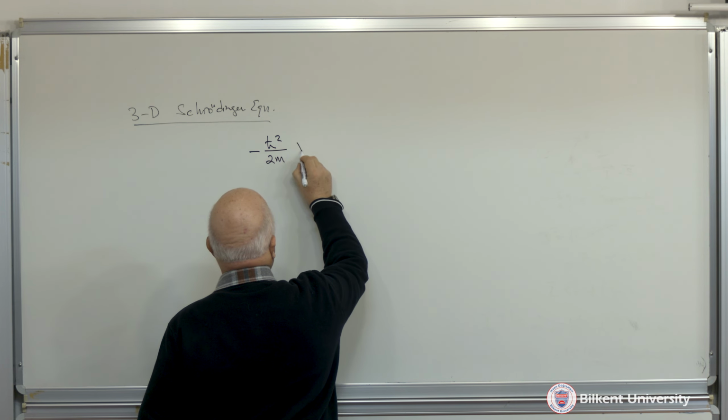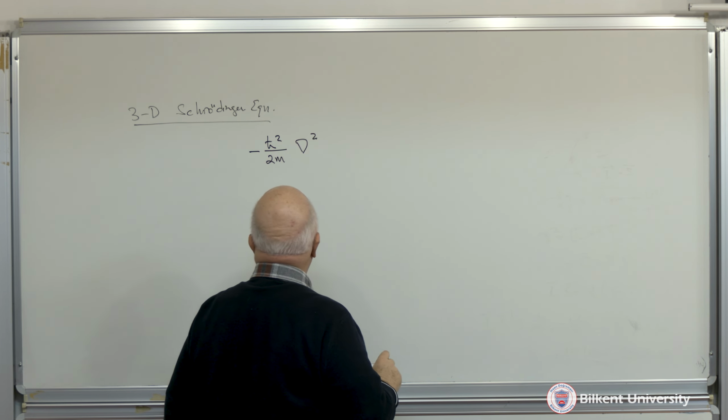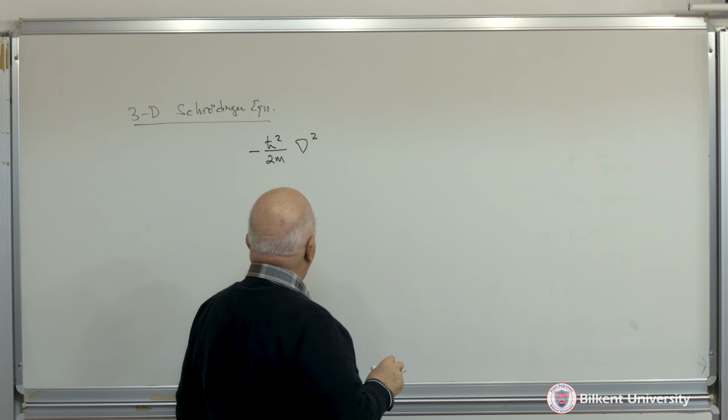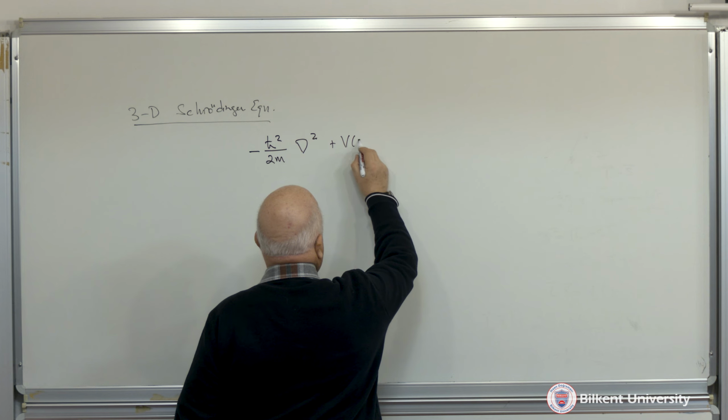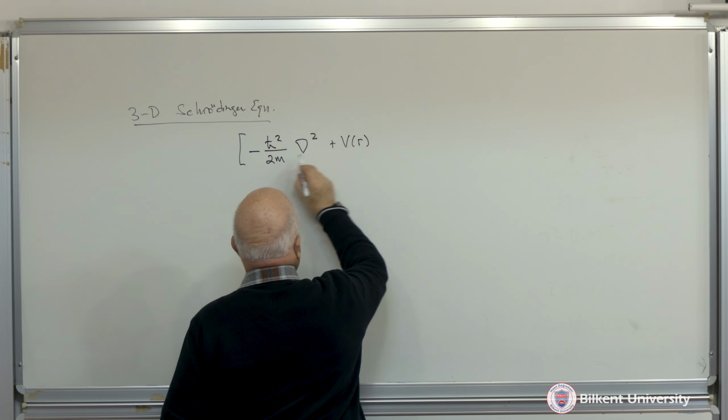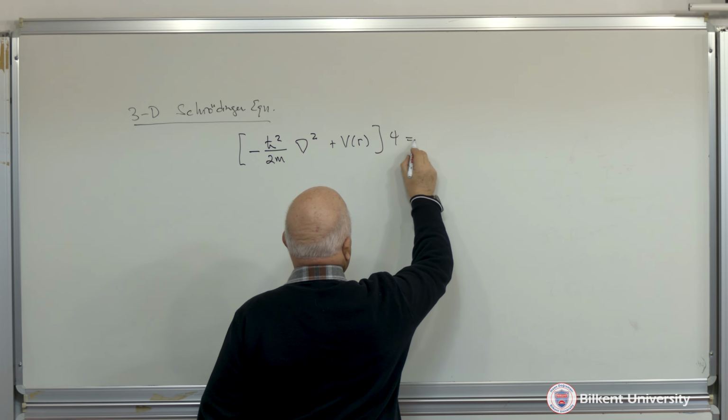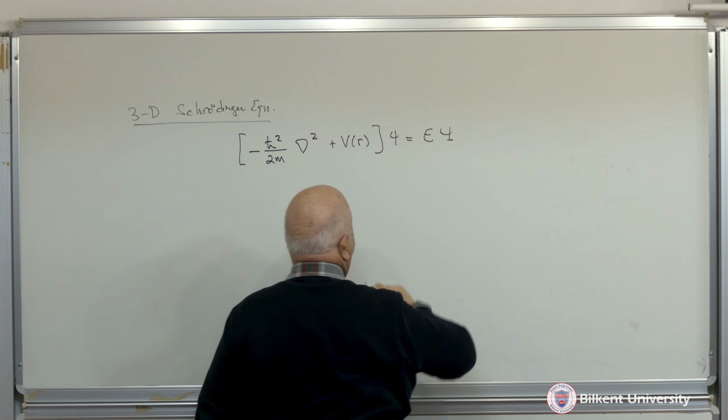So we had this Schrödinger equation, which said the kinetic energy part plus V of r, acting on psi, is equal to E psi.